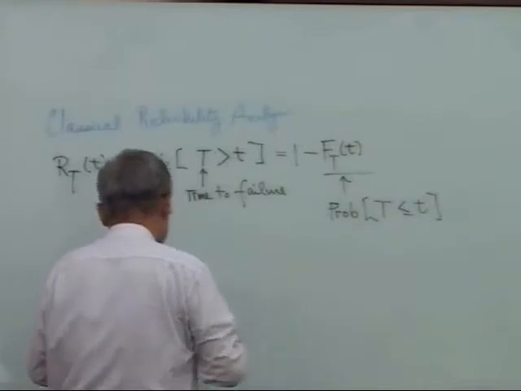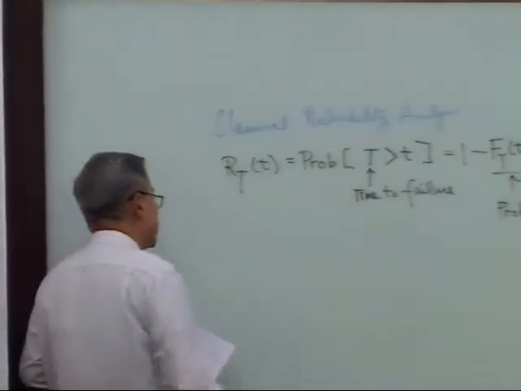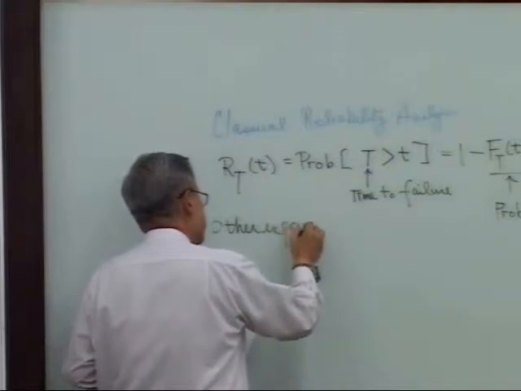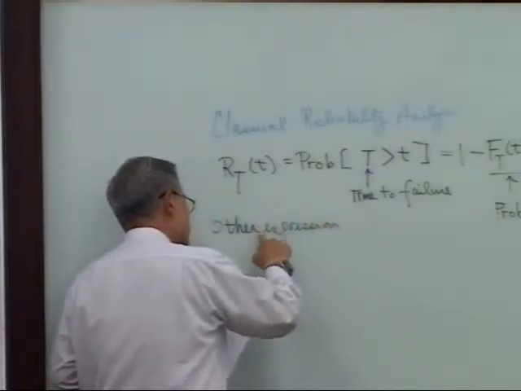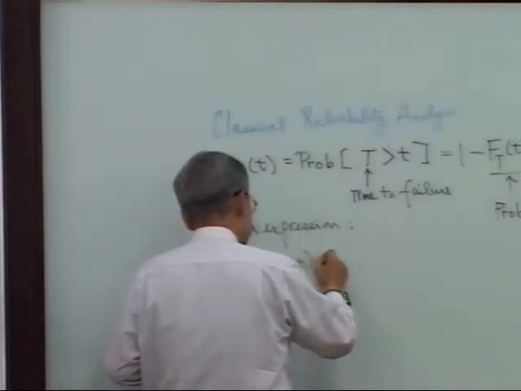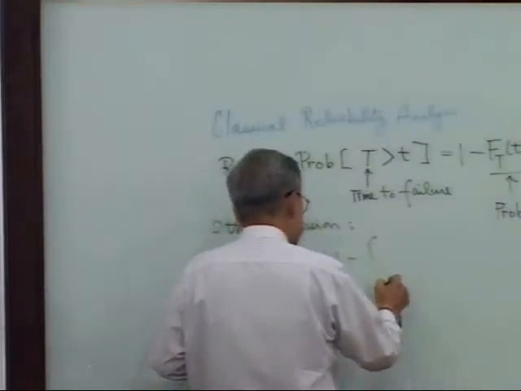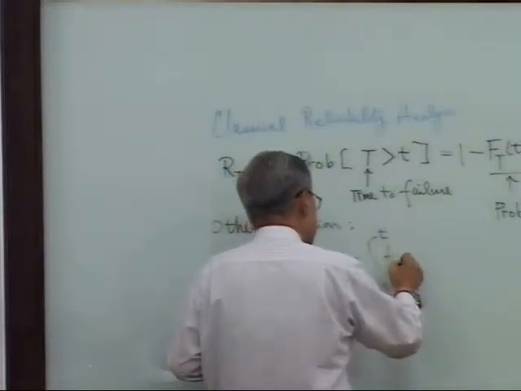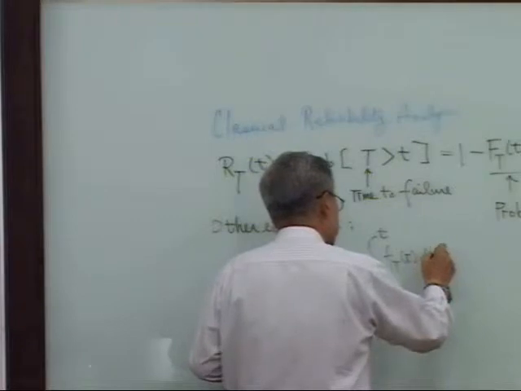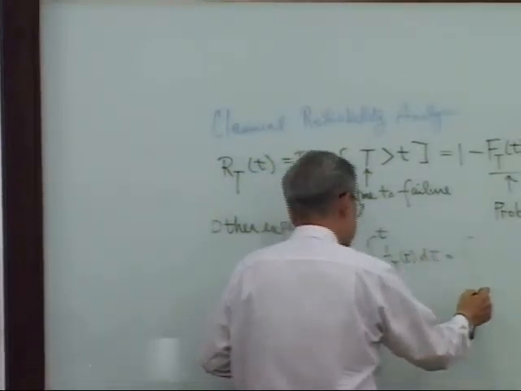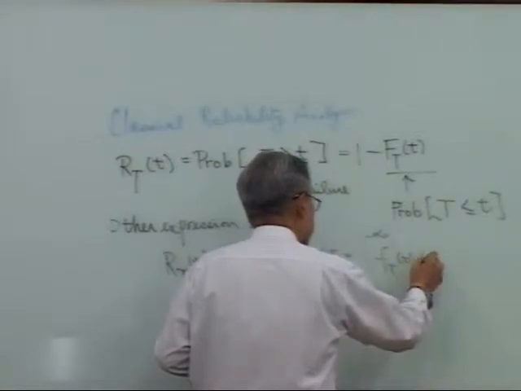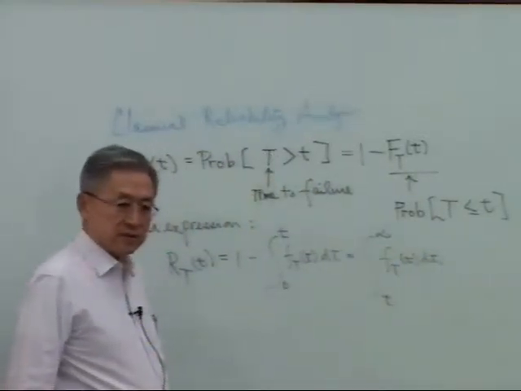And as I give you another expression, R(t) is equal to 1 minus the integral from 0 to t of f(tau) d tau, where tau is the integration parameter, or this is equal to the integral from t to infinity of f(tau) d tau. I gave you this on Wednesday.